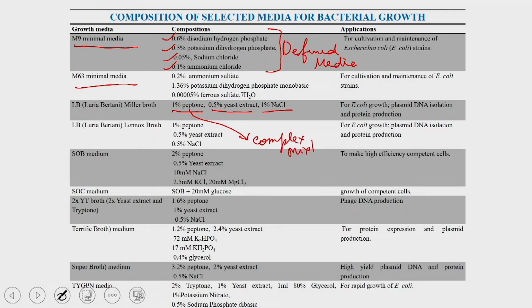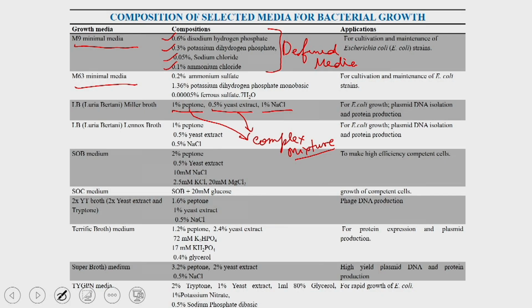You do not know what constituents are present in the peptone and what their relative abundance is. The same is true for the yeast extract. When you put in peptone, you are actually adding hundreds of molecules. That is why LB and other such media are not called defined media.